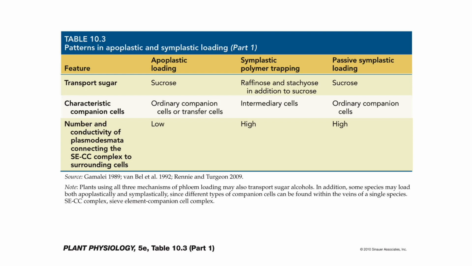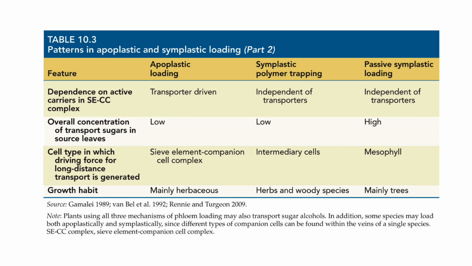So in the apoplastic loading, there are either no plasmodesmatal connections or very few. In the symplastic polymer trapping, there are a high number of plasmodesmatal connections, as well as in the passive symplastic loading mechanisms. In addition, our apoplastic loading mechanism is transporter driven by the proton sucrose transporter and proton pumps.